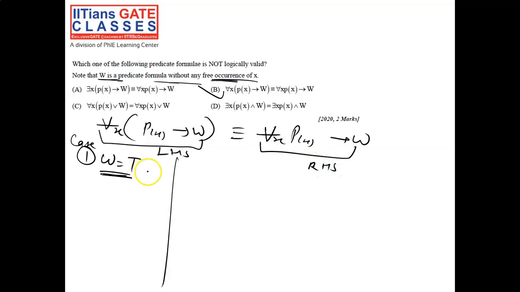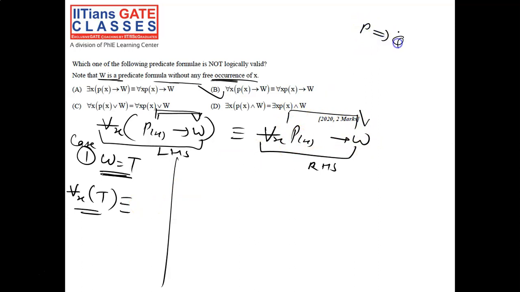If w is true, then the LHS will become true, because this internal thing becomes true. So the LHS becomes for all x true. In the RHS, if w is true, then automatically this complete thing becomes true, because we know that if q is true, then p implies q is true.